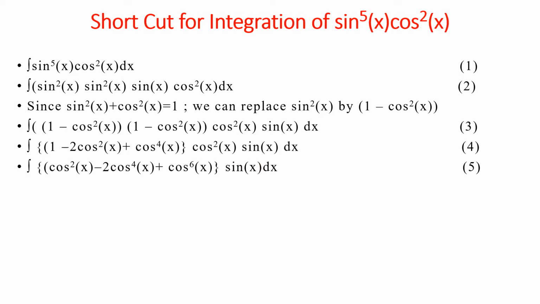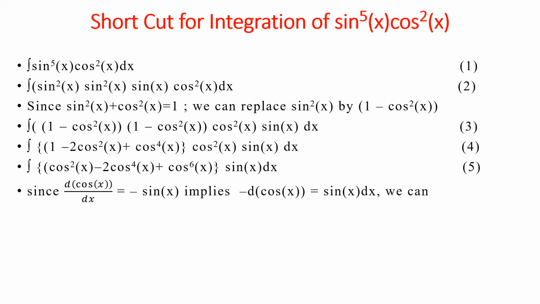Now the last part, before we can perform the integration, we have to figure out how we can replace sine x. We want to replace it by something that has cosine x. And to do so, let's go ahead and look at this. Since the derivative d by dx of cosine x is equal to negative sine x, then we can conclude from this, by multiplying the left hand side and right hand side by negative dx, we're going to get negative d of cosine x equal to sine x dx.